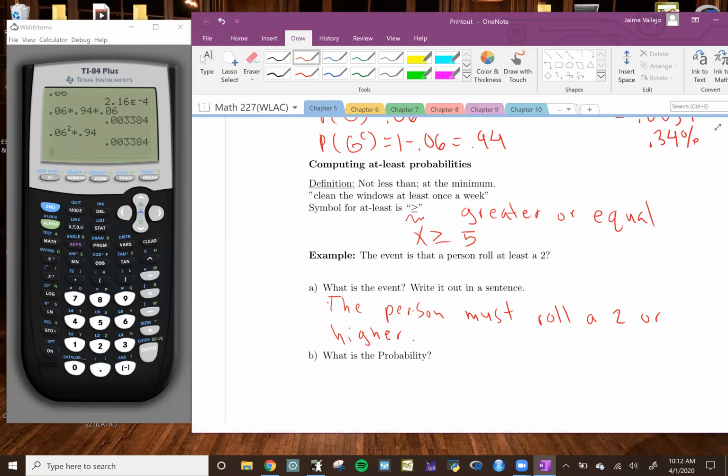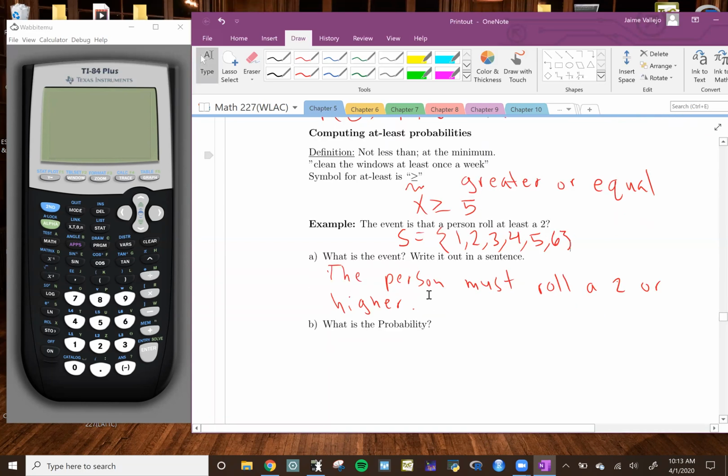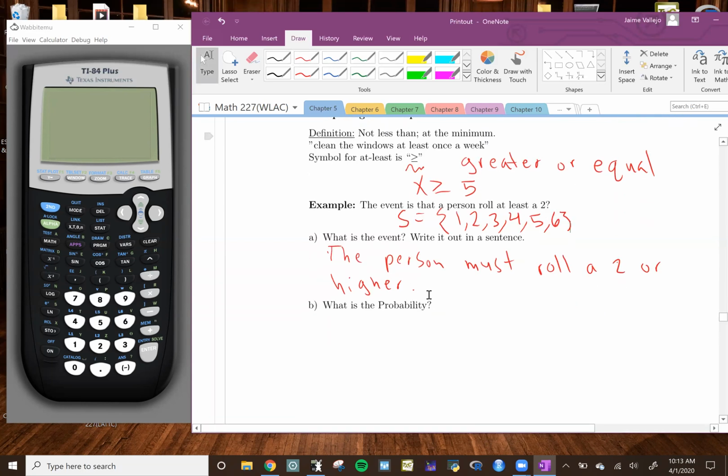If you remember the sample space for a die, all of the different outcomes are 1, 2, 3, 4, 5, and 6. That's the sample space for rolling a die. For part B, we want to find the probability.